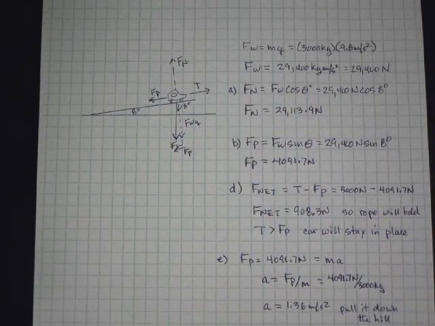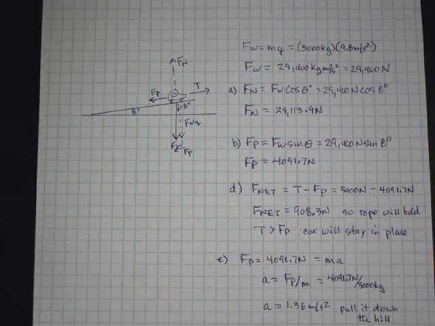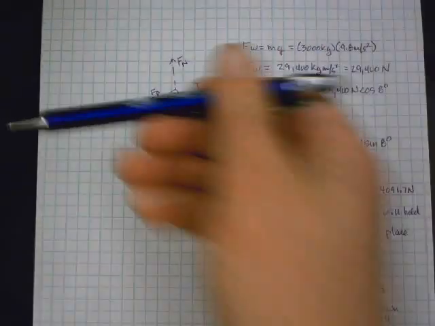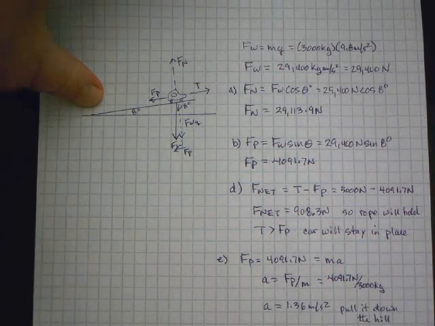And unlike the problem we just got through doing, which is if the rope broke, then the car is going to be pulled downhill by the component of the weight, bringing it downhill. This time we're looking at how much force is needed to get the car to go uphill.